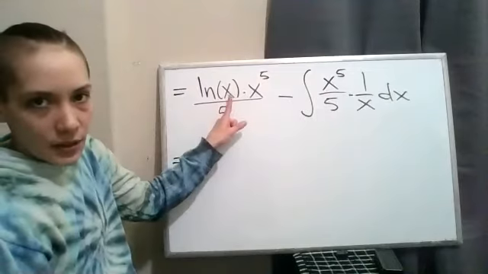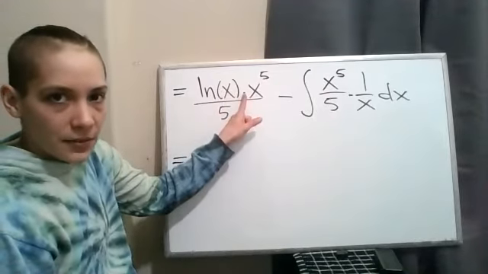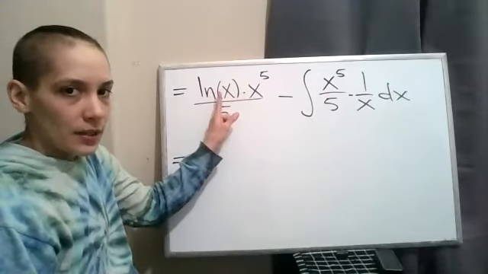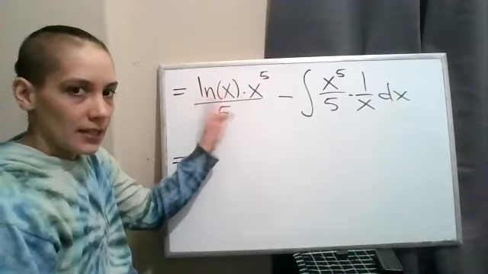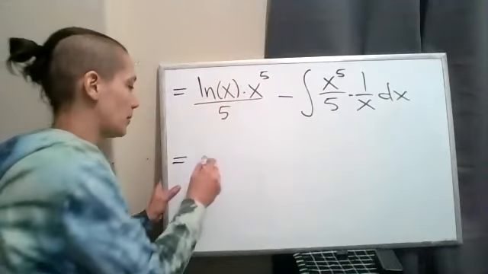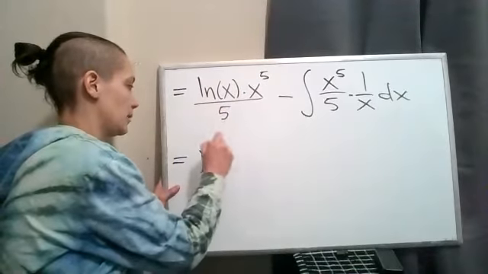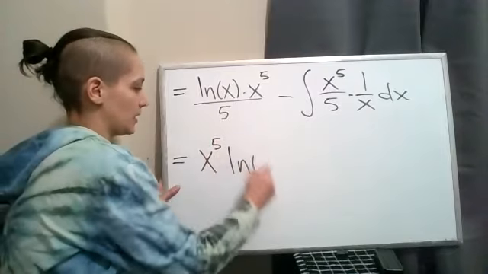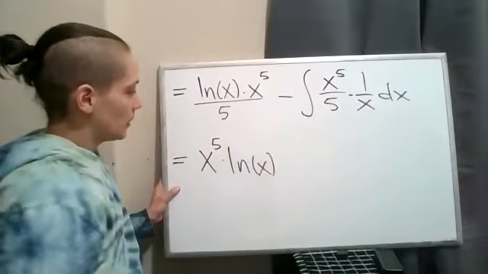So just a note that this x to the 5th is not going to go inside of the parentheses. ln of x is its own function, so it's probably going to look better this way. x to the 5th ln of x, and it's over 5.